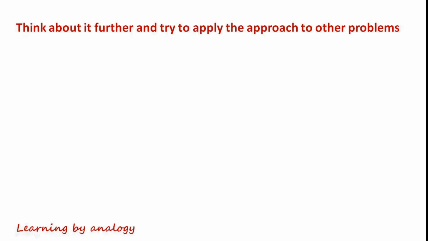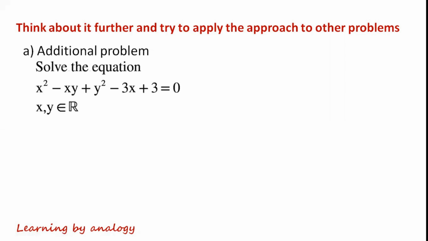Think about the thought process for the previous question further and try to apply the approach to other problems, such as this one. Solve the equation x squared minus xy plus y squared minus 3x plus 3 equals 0.